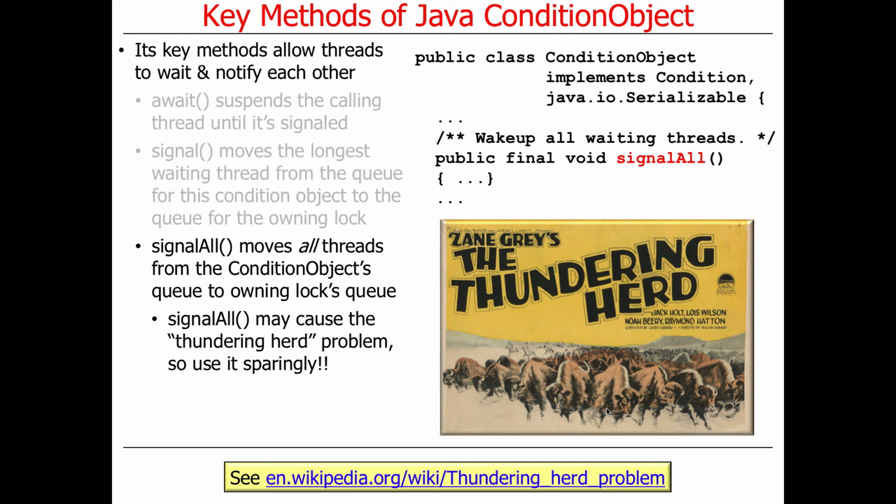If you want to read about the thundering herd problem, you can do so. But basically, the point is using signal all is a very inefficient way of doing things. And that's why the built-in monitor condition that you get with built-in Java monitor objects is inadequate and inefficient, because you have to use notify all most of the time, which just exacerbates the thundering herd problem.